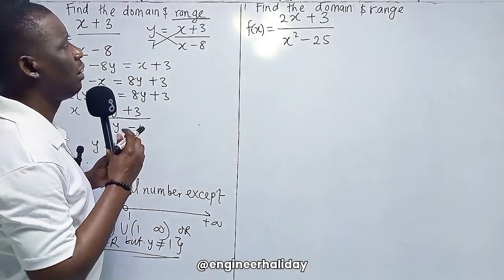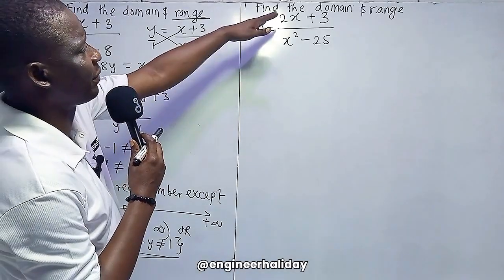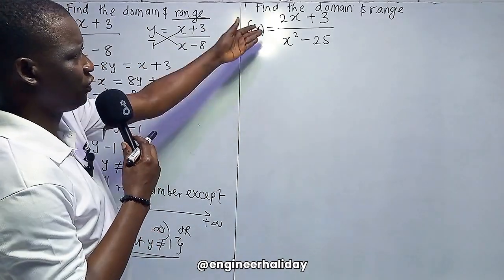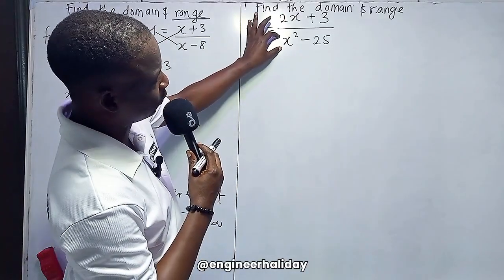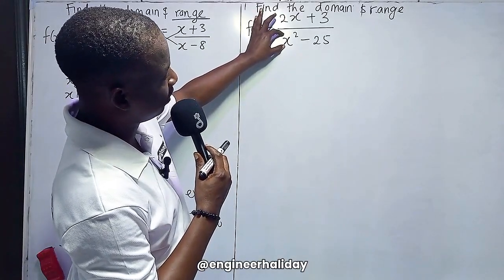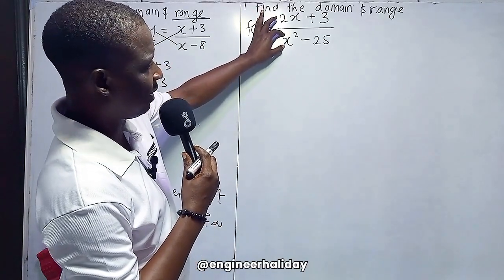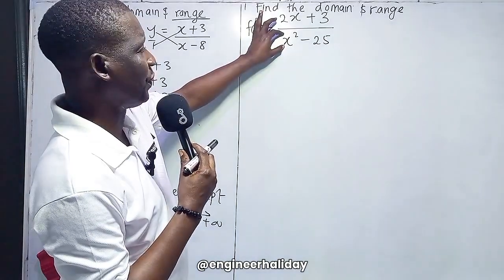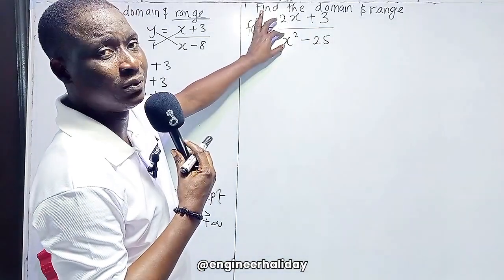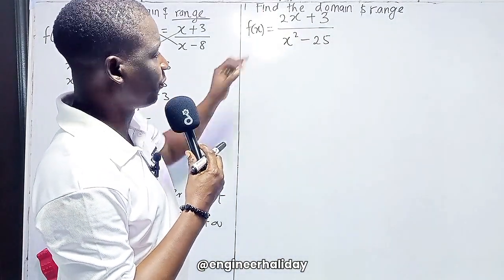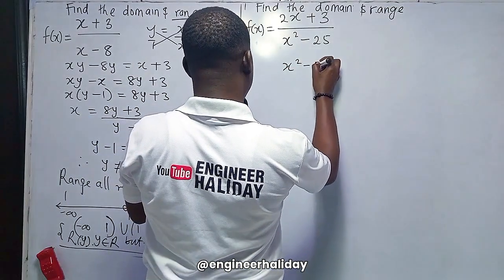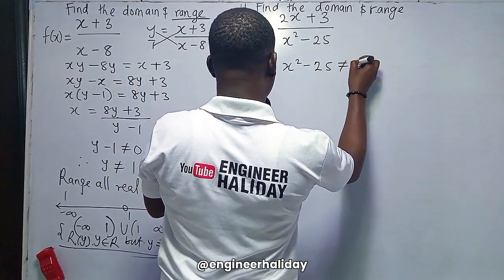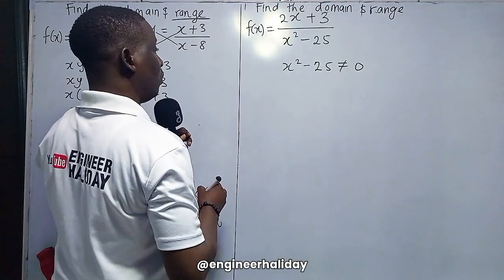Thank you very much. Now, we want to solve this: find the domain and the range of this rational function. In this rational function, if you check the denominator very clearly, you will discover that the denominator is a quadratic function, in fact a difference of two squares. So in this case, x squared minus 25 must not be equal to 0.